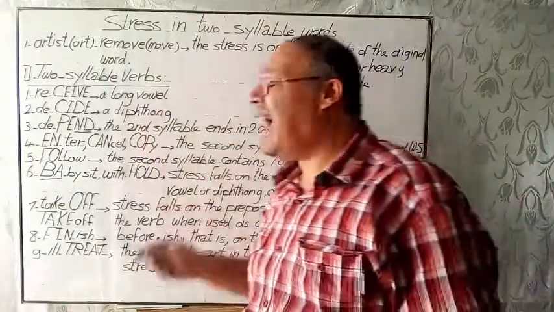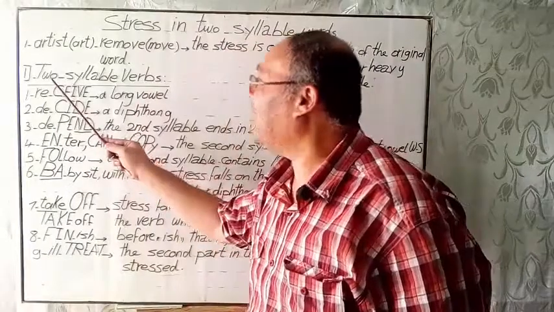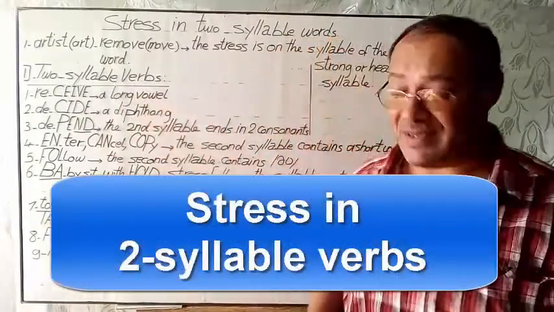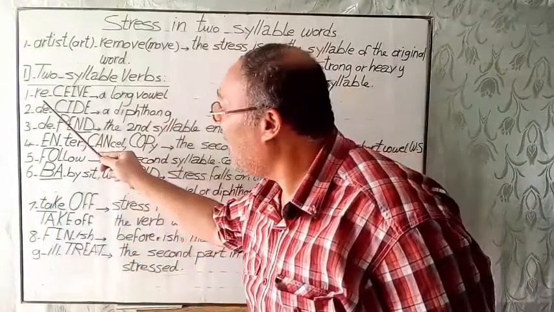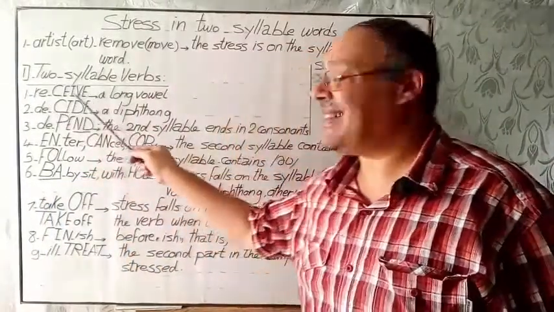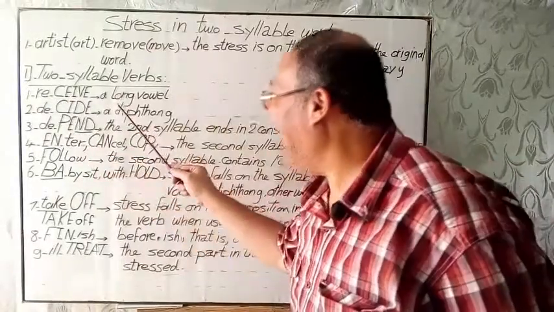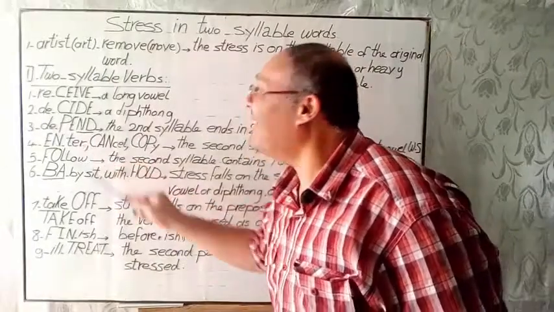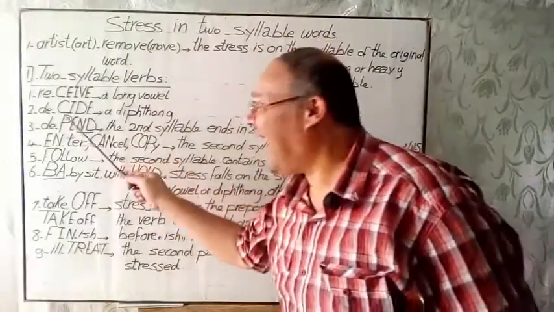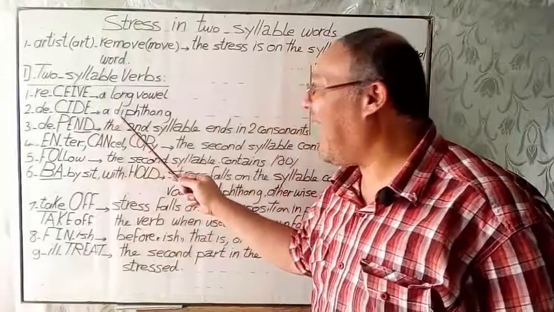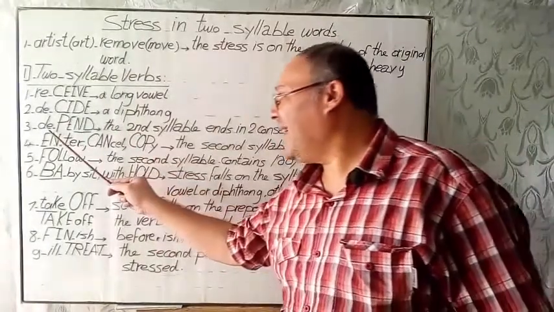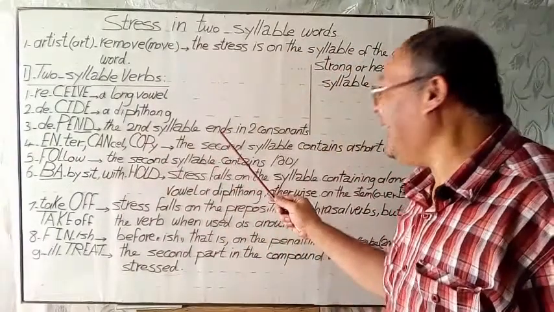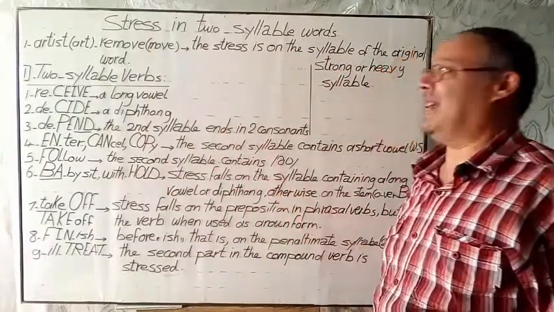Now, let's learn more about the two-syllable verbs where the stress rules apply. Receive: the second syllable has a long vowel. Decide: the second syllable has a diphthong. Depend: the second syllable ends in two consonants.